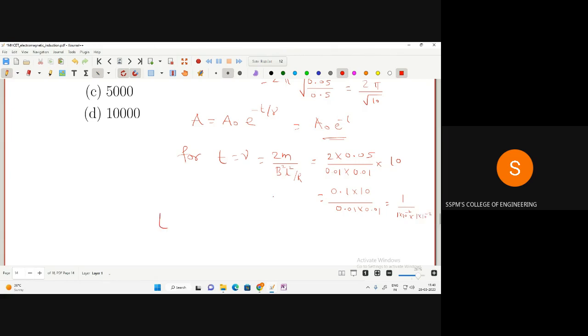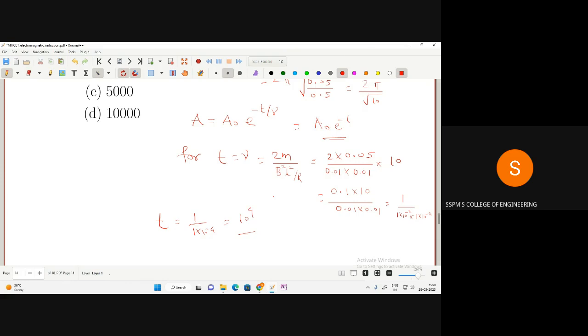So t is equal to 1 divided by 1 into 10 to the power minus 4, or 10 to the power 4. That's it. So find the t, and t is 10 to the power 4.